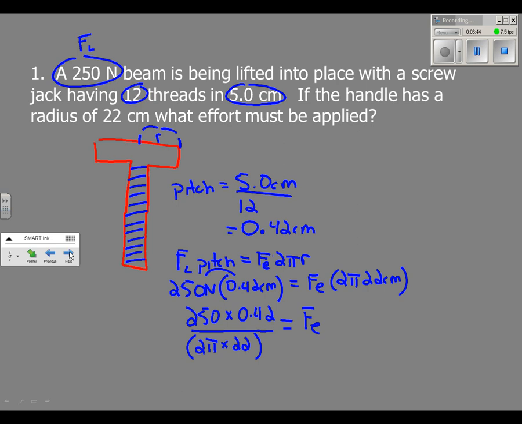What's it going to be in this case? 250 times 0.42 divided by bracket 2 times pi, find your pi button or type in 3.14, times 22. Gives me 0.76 newtons. As you can see, this type of screw has a really, really big mechanical advantage.